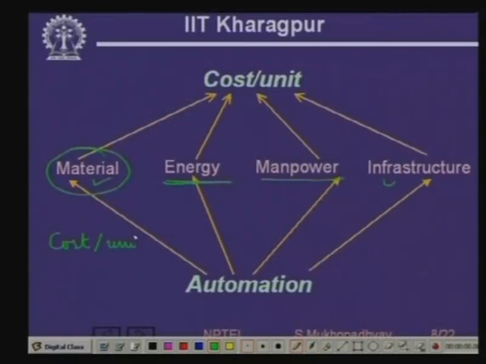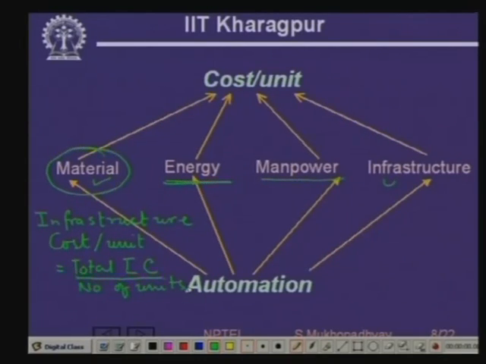So, your cost per unit, that is infrastructure cost per unit, is going to be total infrastructure cost IC divided by number of units.